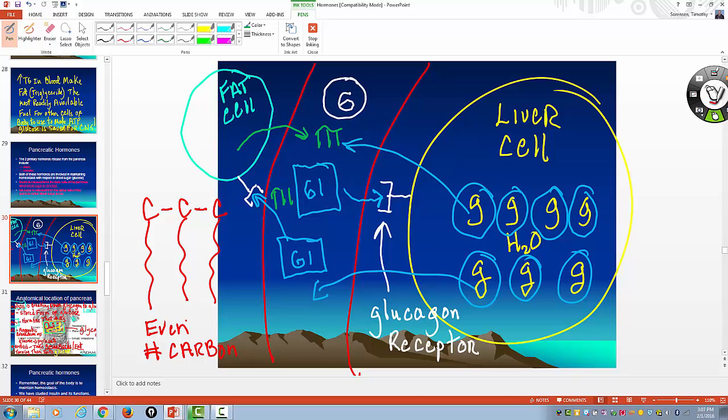So as a result, fat, triglyceride, becomes the most readily available fuel for the cells of your body, the other cells of your body, to use to make ATP. And you will save the glucose for your brain. And it makes perfect sense.